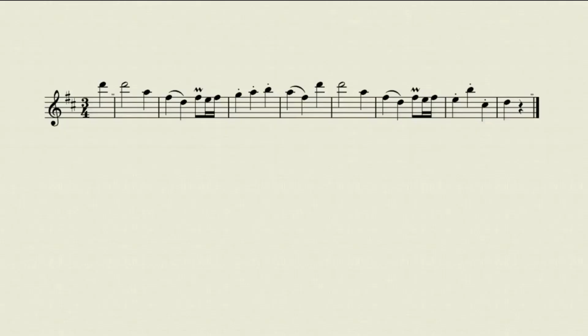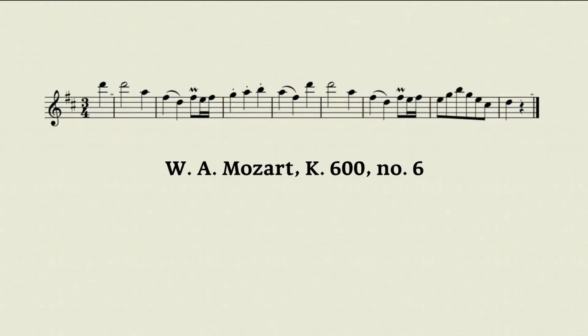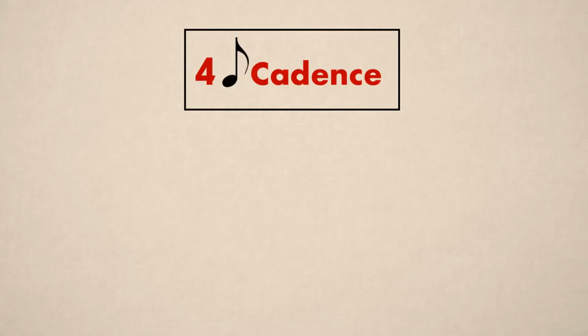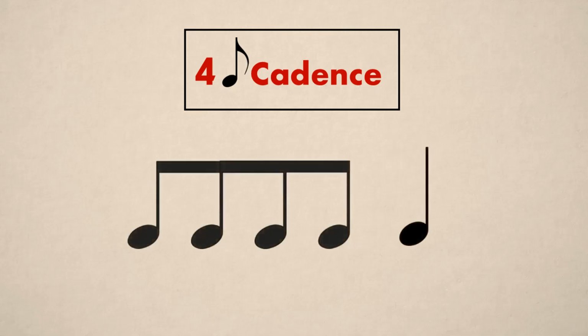This type of cadence was so characteristic that Mozart includes it even in themes that could still work without it. And this is what Mozart actually did. The 4/8 notes cadence presents this rhythmic pattern.